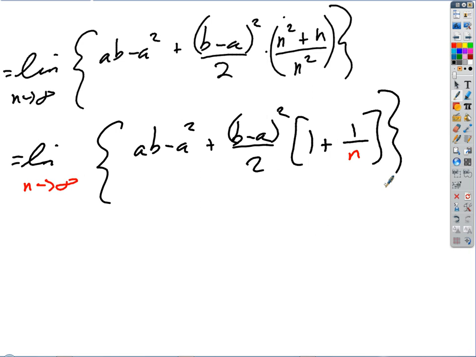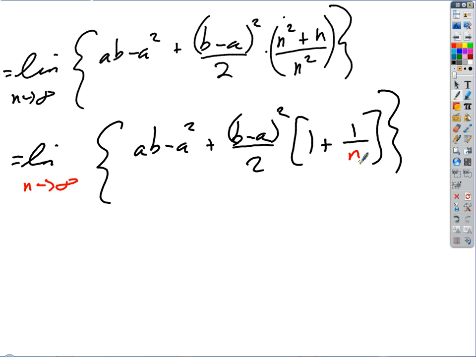We could distribute, but we don't really need to. Take the limit as n goes to infinity: there are no n's in the first two terms, so nothing's going to happen to them. But there's only one n in here. What's going to happen to that term with the 1 over n?